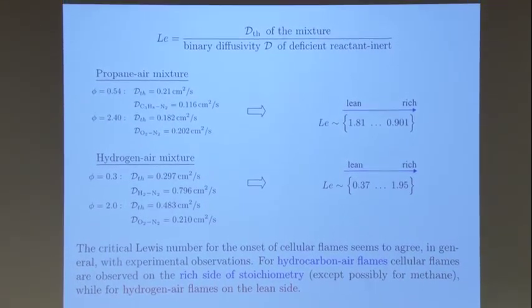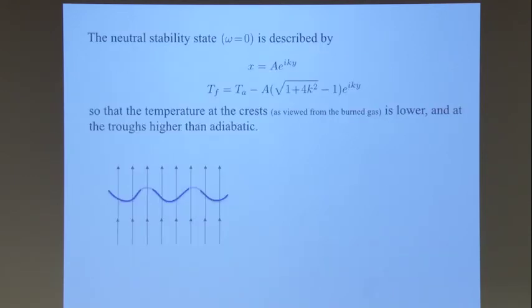So the critical Lewis number for the onset of cellular flame seems to agree in general with experimental observation, because for hydrocarbon-air flames, cellular flames are usually observed on the rich side of stoichiometry when the Lewis number is sufficiently less than 1. For hydrogen-air, it's usually observed on the lean side of stoichiometry, and that fits with this picture.